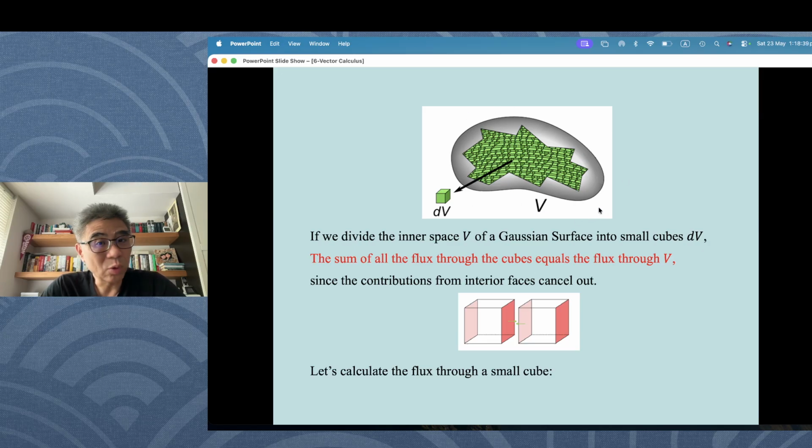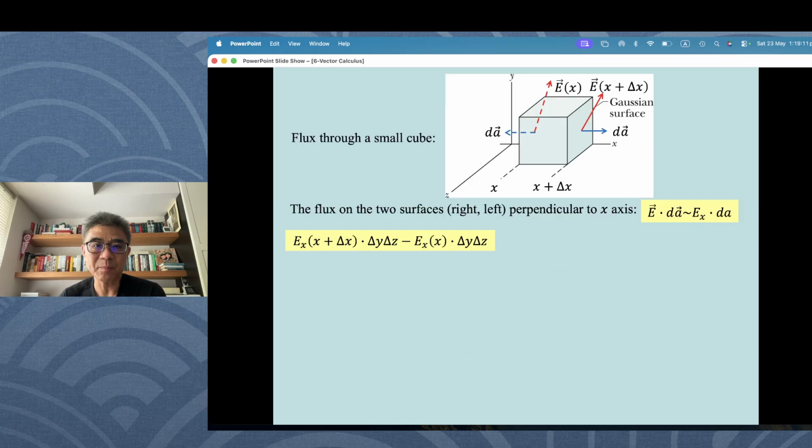And don't forget, the contribution from the outer surface is just the electric flux for the original Gaussian surface. Again, this is a tremendous observation. That means you can calculate the flux through any Gaussian surface by calculating small cubes. So let's calculate the flux through a small cube and see what we can do from there.